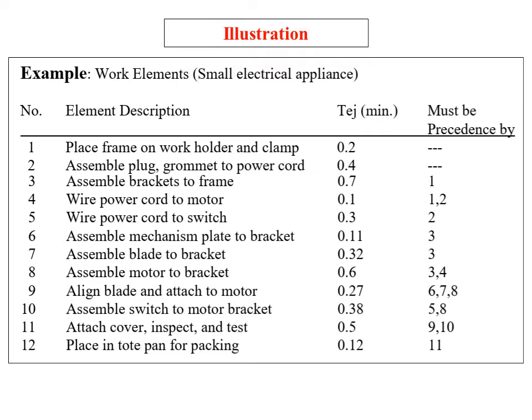Then consider the example. In the example, we have taken different work elements. The element description is like this, basically a kind of assembly. These are the task times 0.2, 0.4, 0.7, and these are the precedences. For element number 1 there is no precedence, and for 2 there is no precedence.